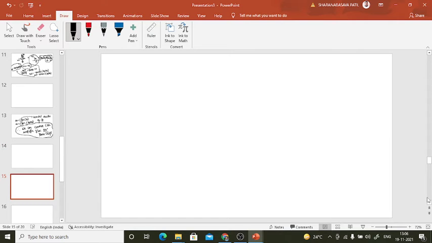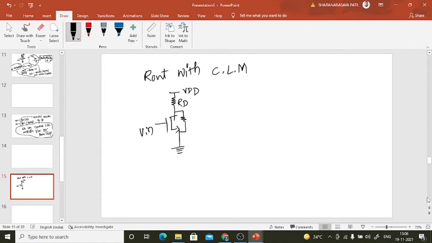Now we'll find out R out, with channel length modulation. RD, VDD, Vin, and this is R0.